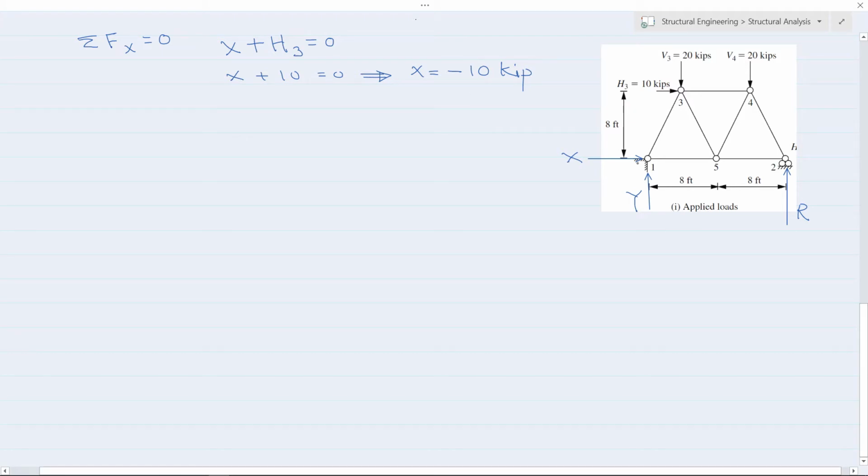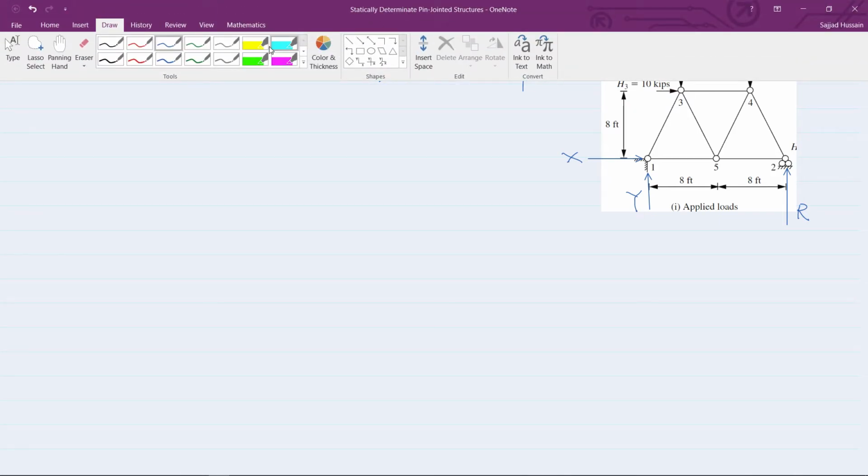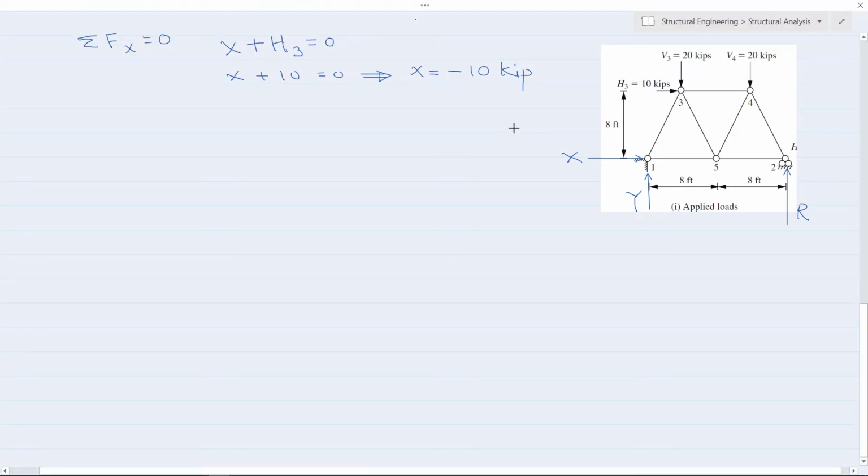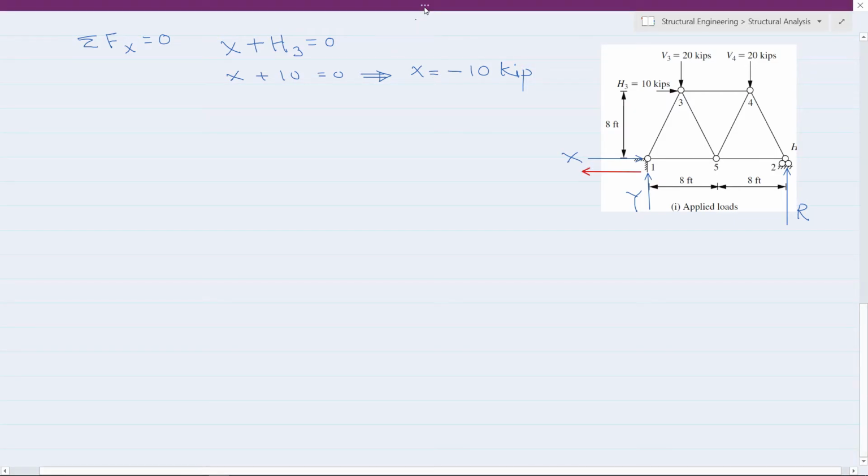That the direction which we assumed is not correct. The actual direction will be something like this, right?